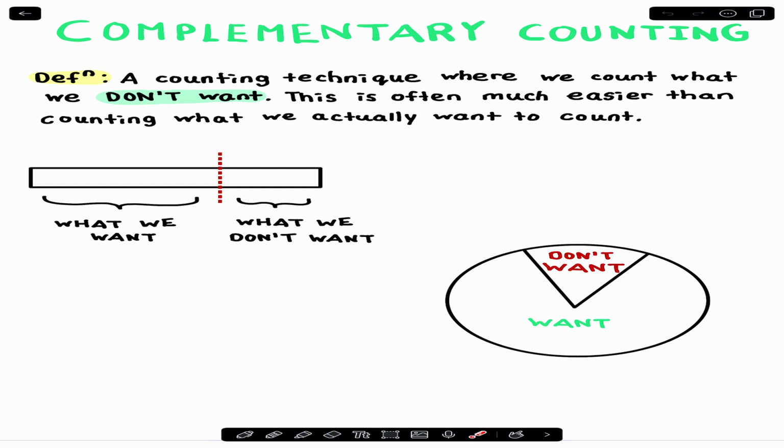But notice how what we want and what we don't want both make up a whole. What we want and what we don't want make up this whole over here. And this is your big clue to use complementary counting.